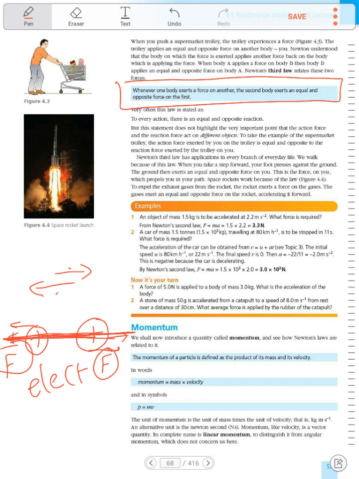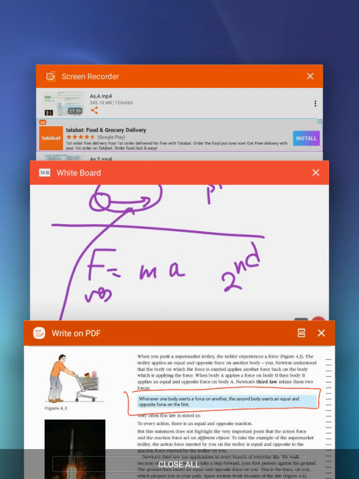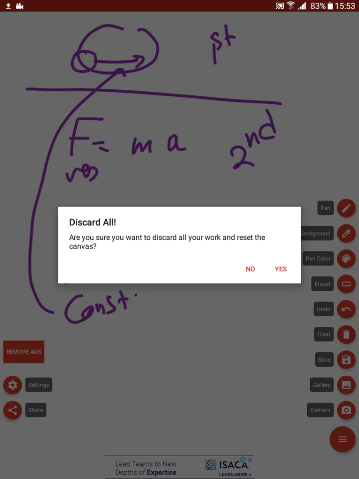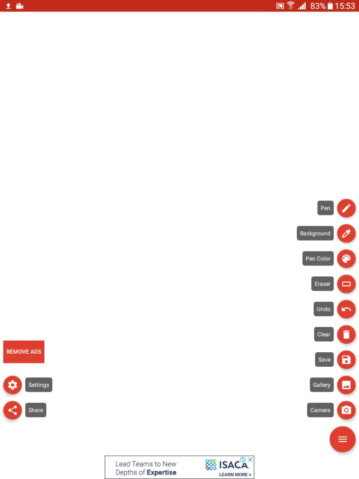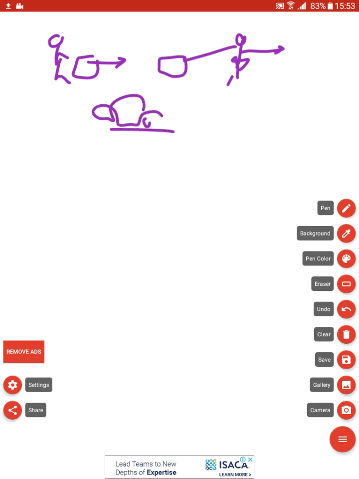We have many types of forces. We have to remember that we have push, if you are pushing the object, we have pull, we have friction, we have air resistance, we have a force from the engine.